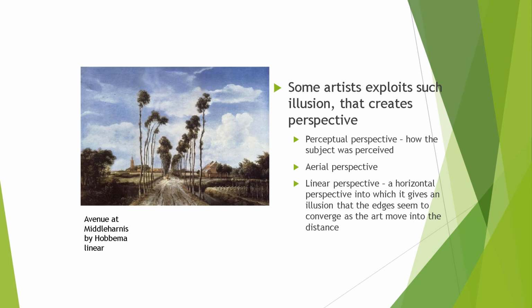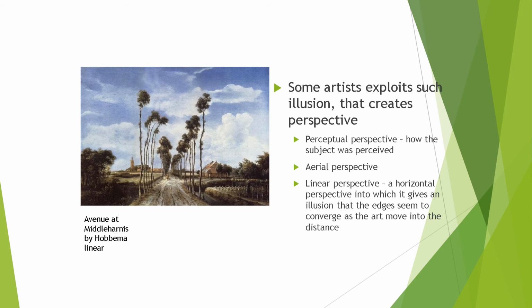Okay, perceptual perspective. Okay, obviously ito yung kung saan nagpaint yung artist kung paano niya na-perceive yung object. Halimbawa, na-perceive mo ang cup nakapatong lang siya sa lamesa. Kung ganun mo siya na-perceive at ganun mo siya dinrawing or pinaint, tawag doon perceptual perspective. Aerial perspective naman, obviously, nasa ere.